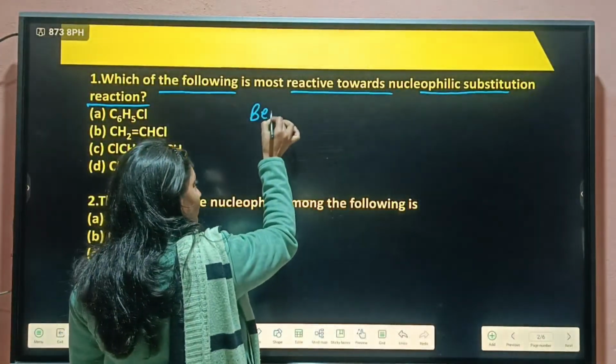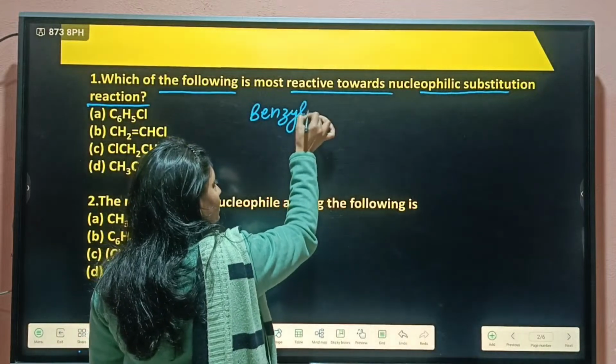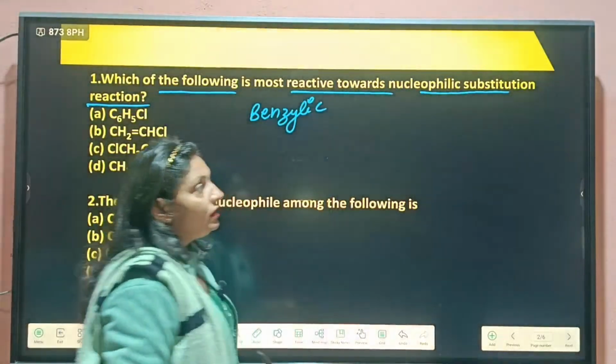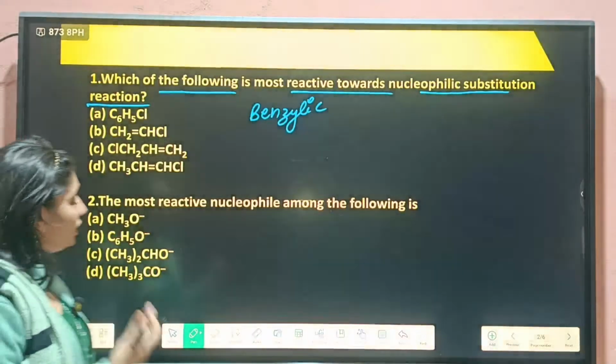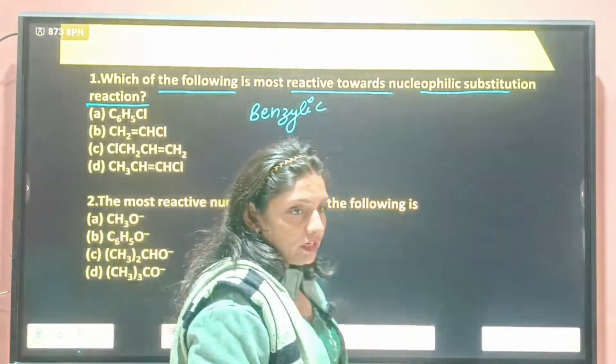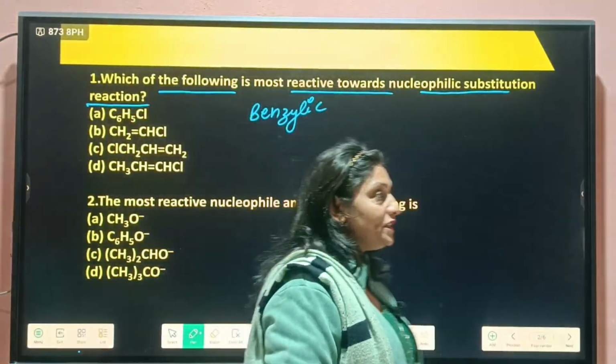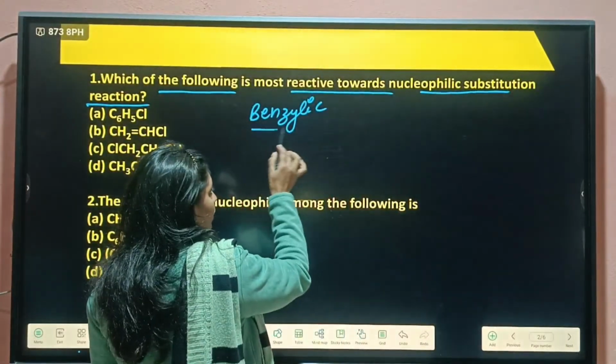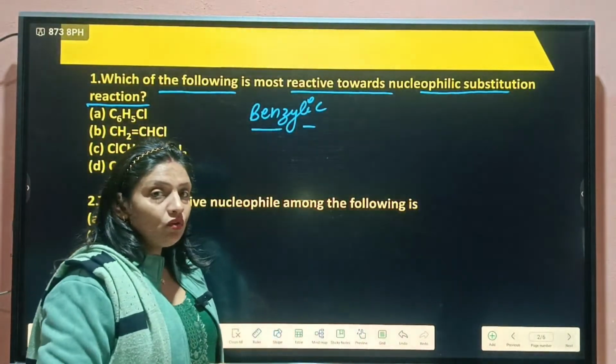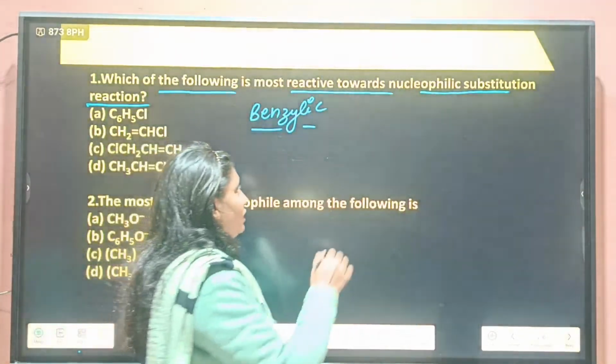Here, benzylic, haloalkane or haloarene. This benzylic is haloarene, aromatic. So most reactive is benzylic.